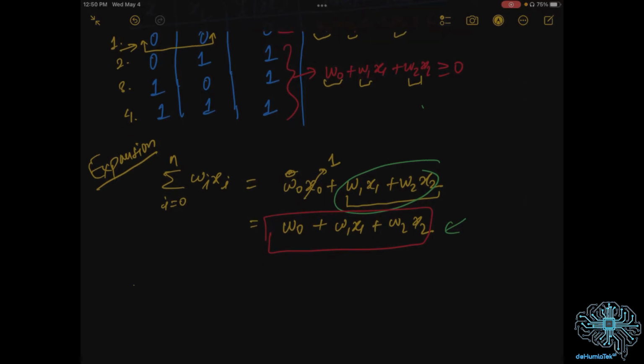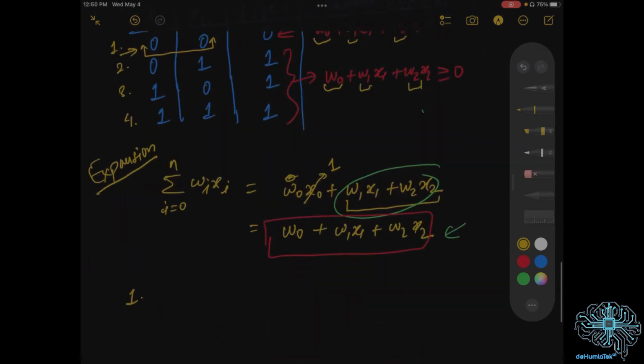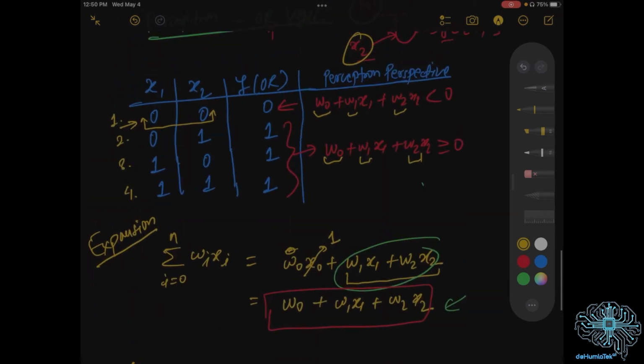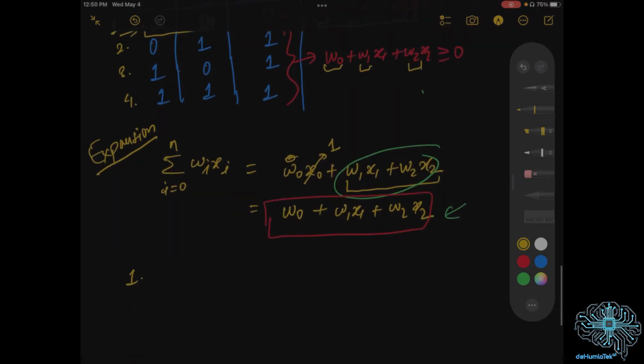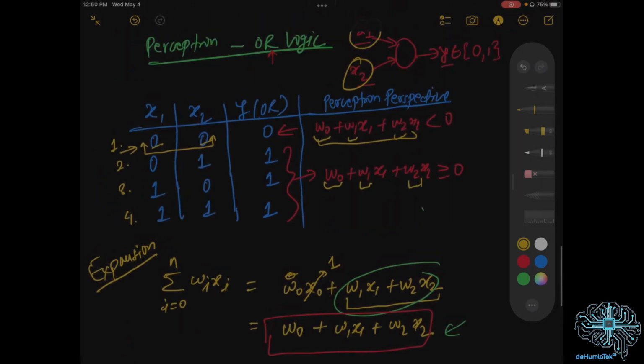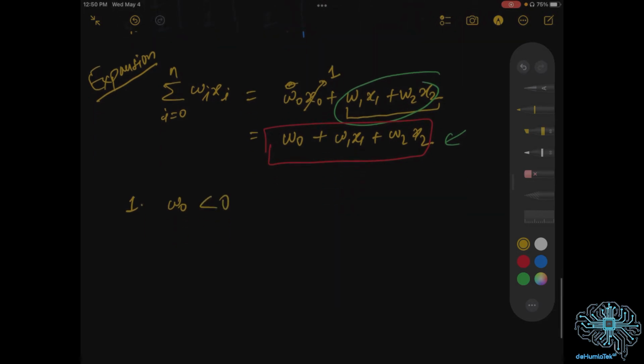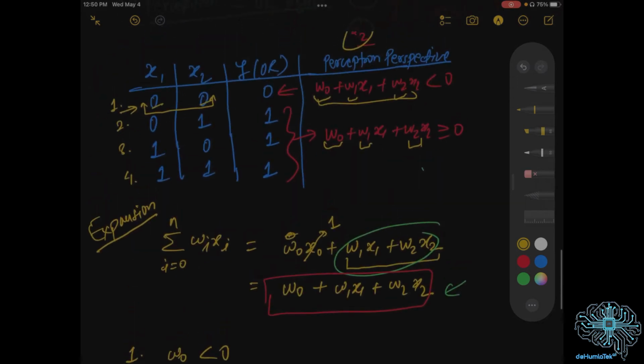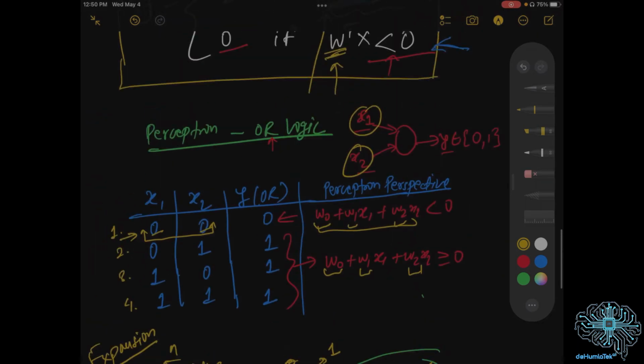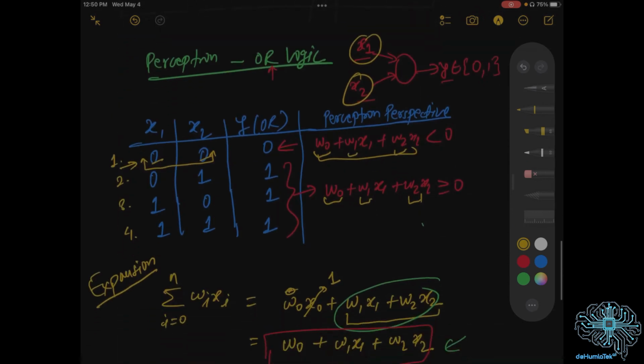So for 1, if we substitute the values x1 and x2 into this expression, we get W naught plus 0 0, and that's going to be smaller than 0. This is one of the conditions for this perceptron to work for the OR logic.